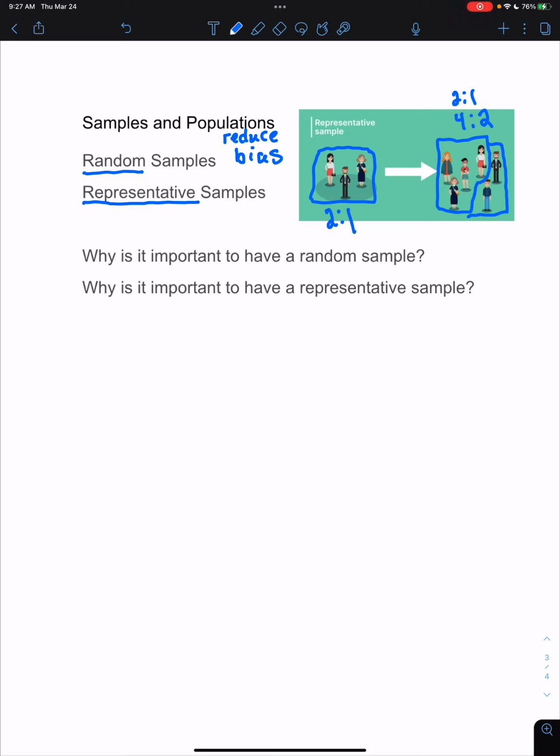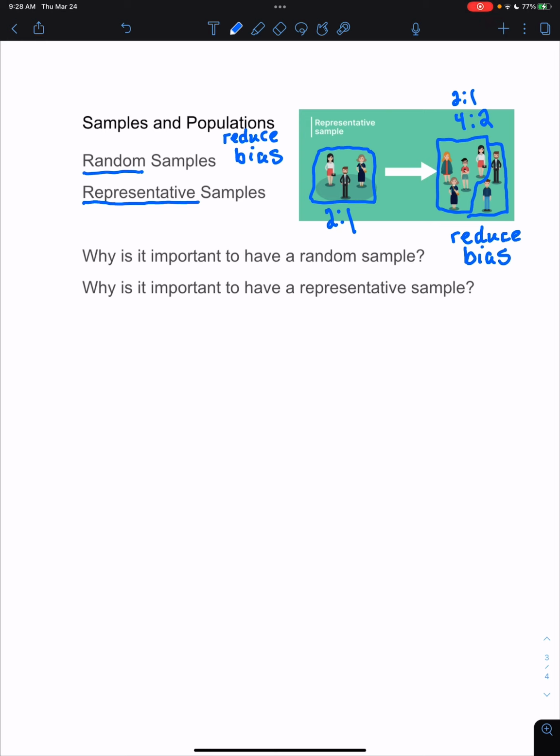So it is important to have a random sample and a representative sample, again, because we want to reduce our bias. And we also want our statistic to truthfully represent the entire population.